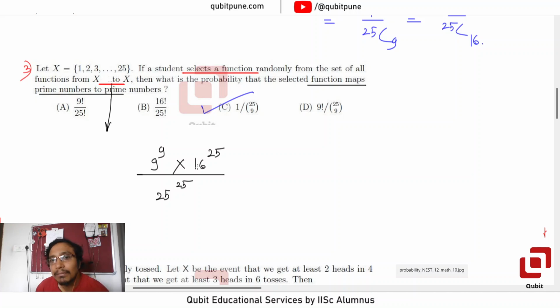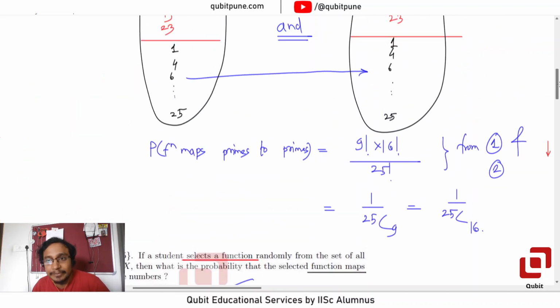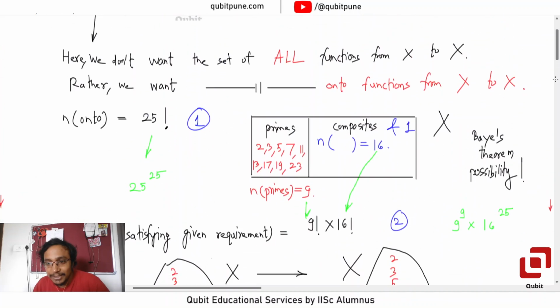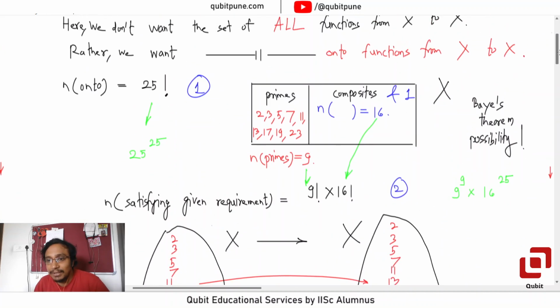So in the numerator, shouldn't it be 25 raised to 16 instead of 16 raised to 25? Here, because there are 16. Oh, correct. Sorry, my bad. हर एक को 25 ऑप्शन, ऐसे 16. Correct. My bad. Thank you. Also now you note that वो 16 raised to 25 नहीं है, 25 raised to 16.